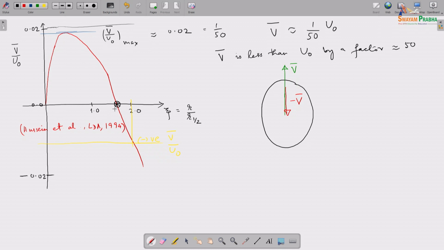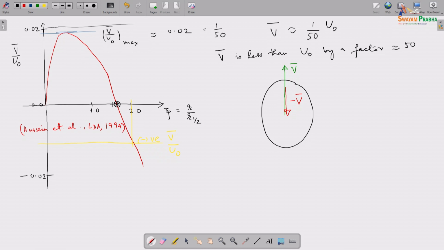V bar by V naught is 0 and then it becomes negative.